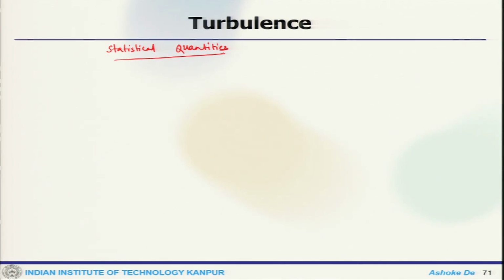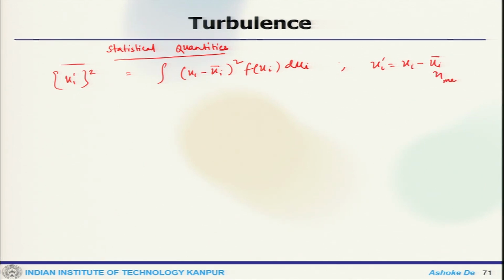First, we look at the variance of a velocity component, like u_i prime squared bar, which will be the integration of (u_i minus u_i mean) squared f(u_i) du_i, where u_i prime is u_i minus u_i mean. This mean is the mean quantity, and this is my turbulent fluctuation.